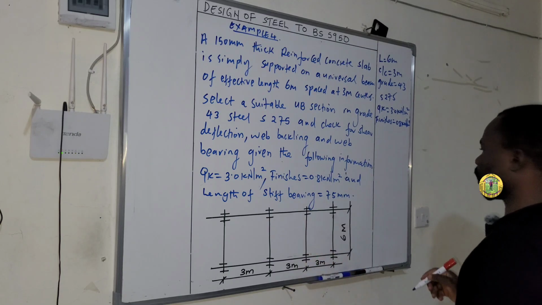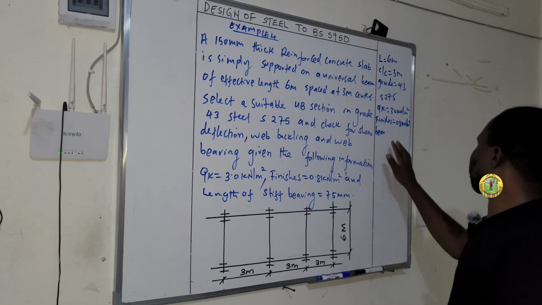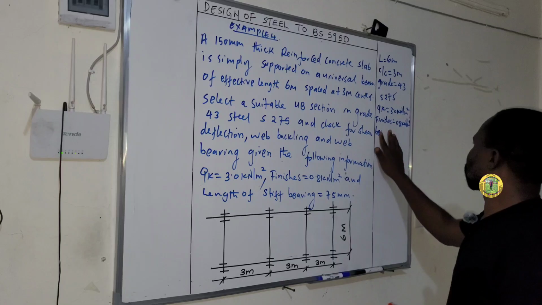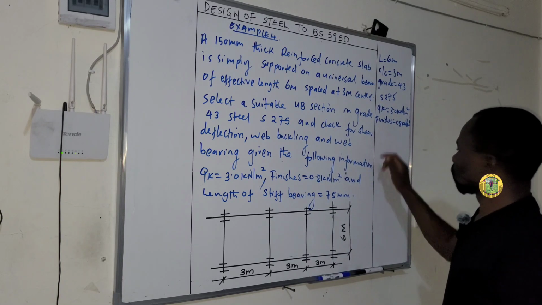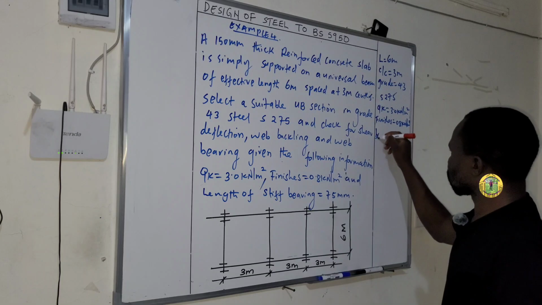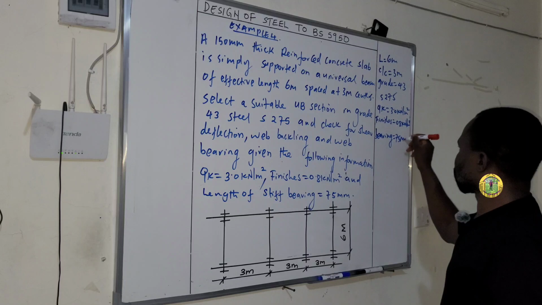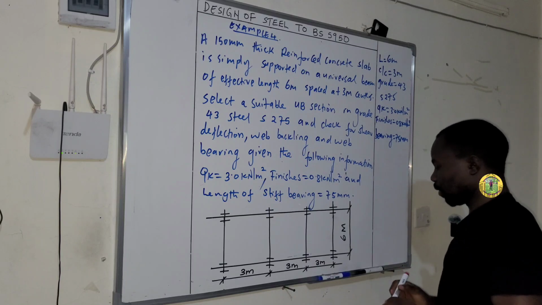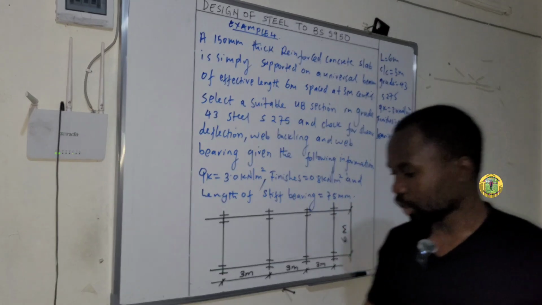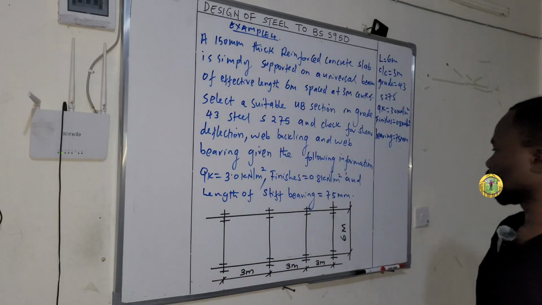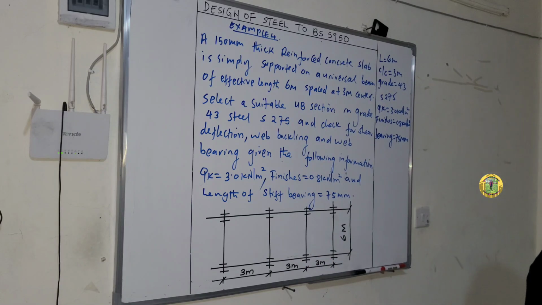We have the length of the bearing equal to 75 millimeter. Having done so, I can now rub here to create more space for our proceeding calculation, but I will preserve this drawing for our calculation.